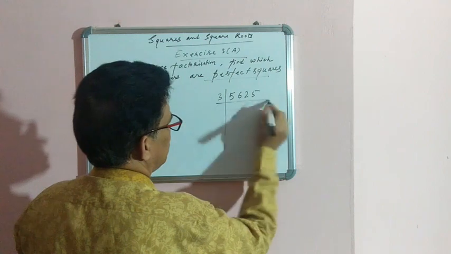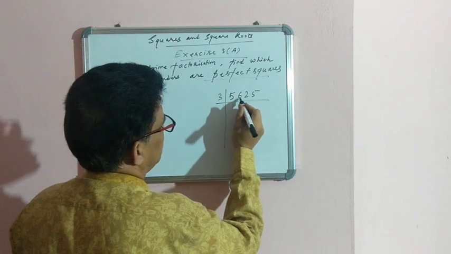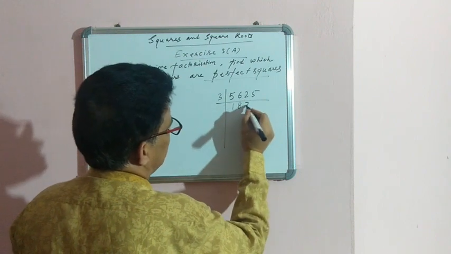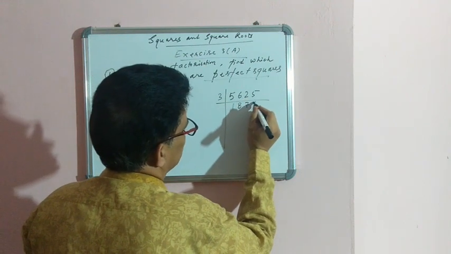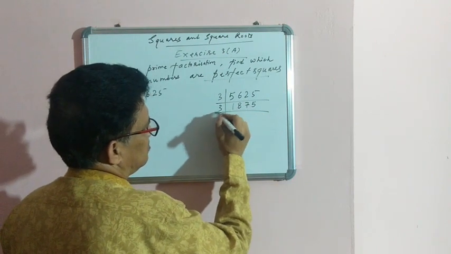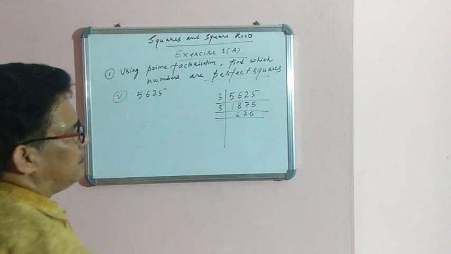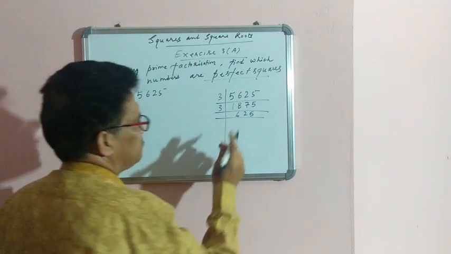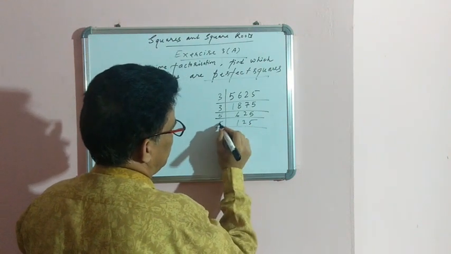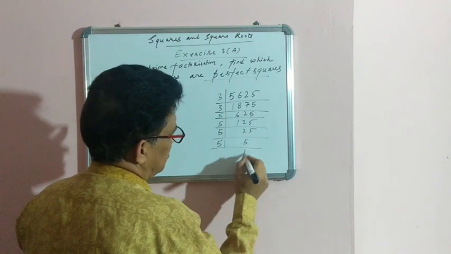Dividing by 3: 3 ones are 3, 3 eights are 24, and so on, and we get 1875. Now check again: the digit sum is 21, so it is again divisible by 3, and we get 625. Now you will divide it by 5. Dividing by 5, you get 125. Again divide by 5, then you get 25. Again by 5, and then you get 1.